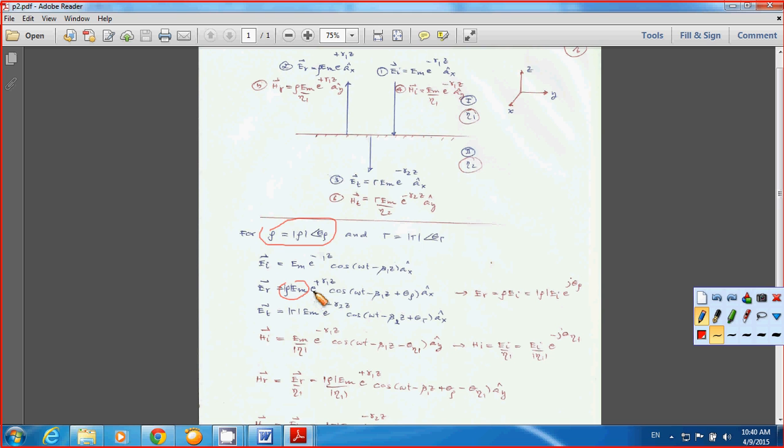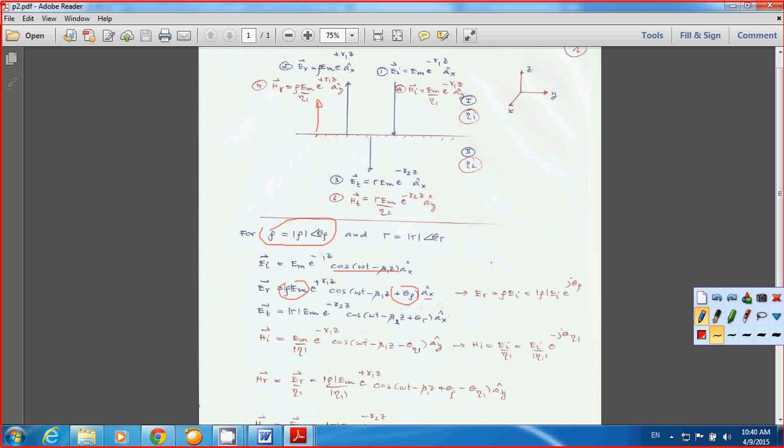And then multiplying by exponential of plus gamma 1 Z, because the electromagnetic wave is moving in the opposite direction of the incident electromagnetic wave, so this one is moving in the negative z direction. And now you take a look at this one. Since you have a rho with the phase angle, you need to add the phase of the reflection coefficient into the equation, but the component is still the x component.